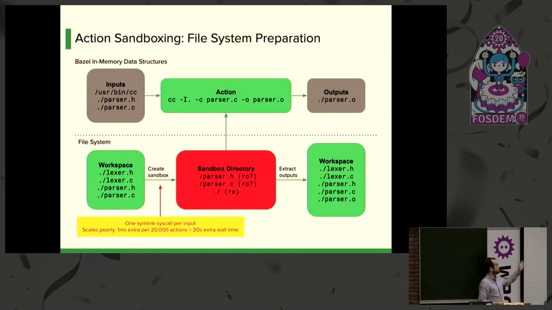So then this process of creating the sandbox for every action becomes extremely costly. We have to do one symlink system call for every input, and any kind of perturbation in the timing for the action is in the critical path, so any increase there will result in a big impact on the whole build time. So we want to minimize that.